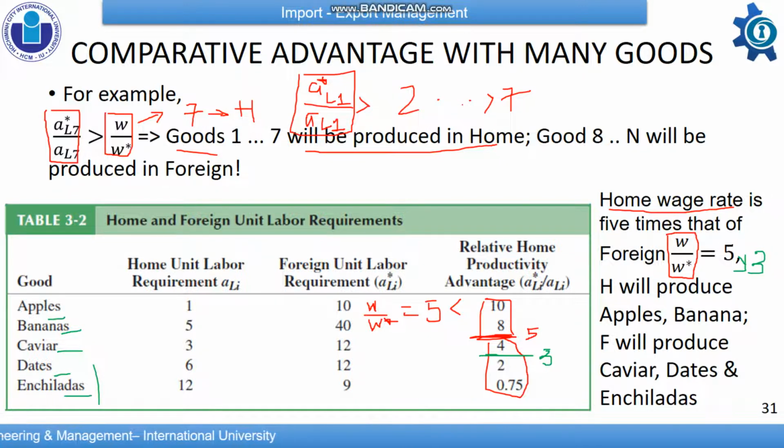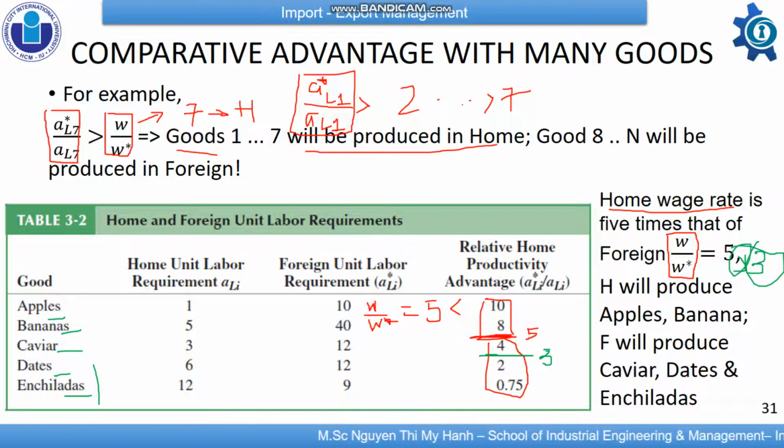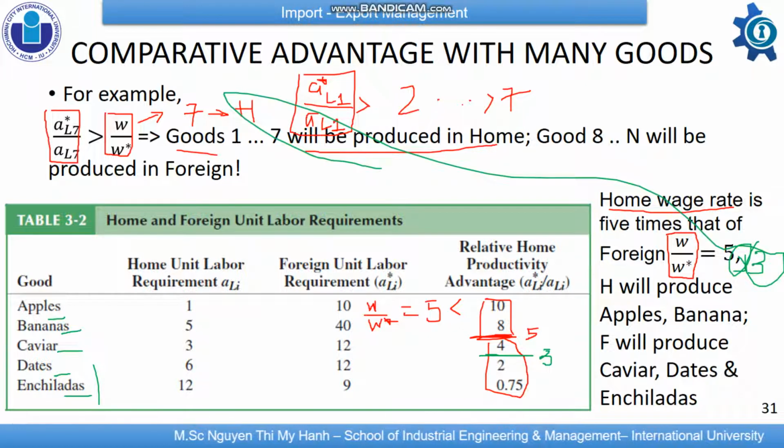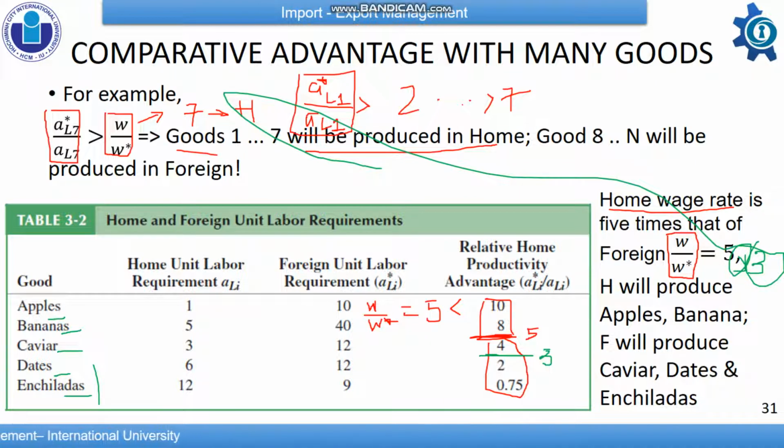To make those calculations, we have simply assumed that the relative wage rate is 3 or 5. But how can we calculate the real relative wage rate?